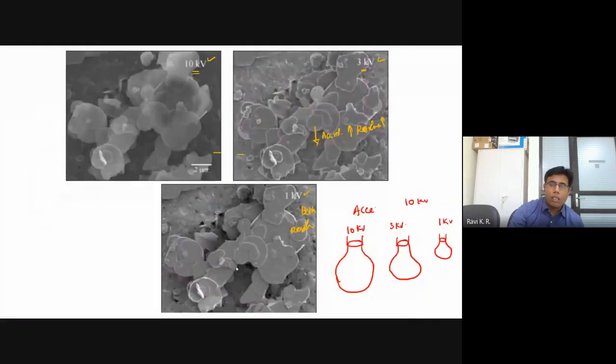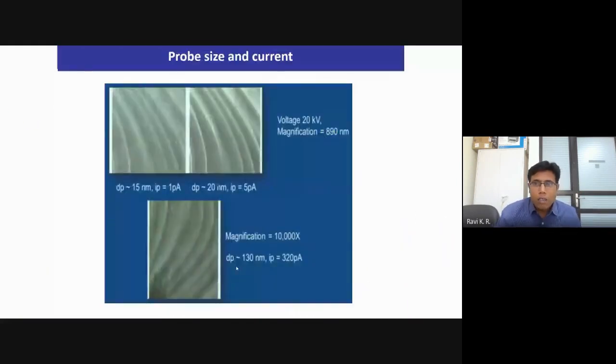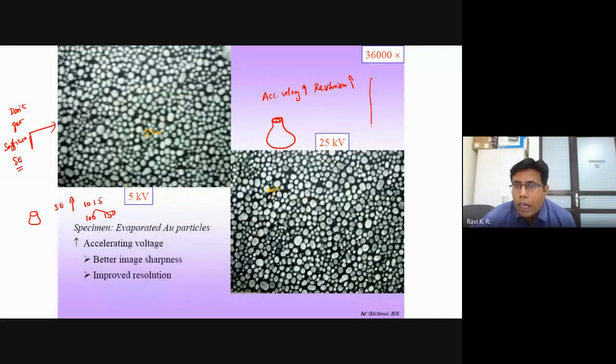So in both these cases we are changing the acceleration voltage, but in one case it is going in the other direction. If you look at the earlier diagrams of the number of secondary electrons, you can see this is a trend, so there is an optimum value where you start getting more secondary electrons, and that is the useful information we will be getting.